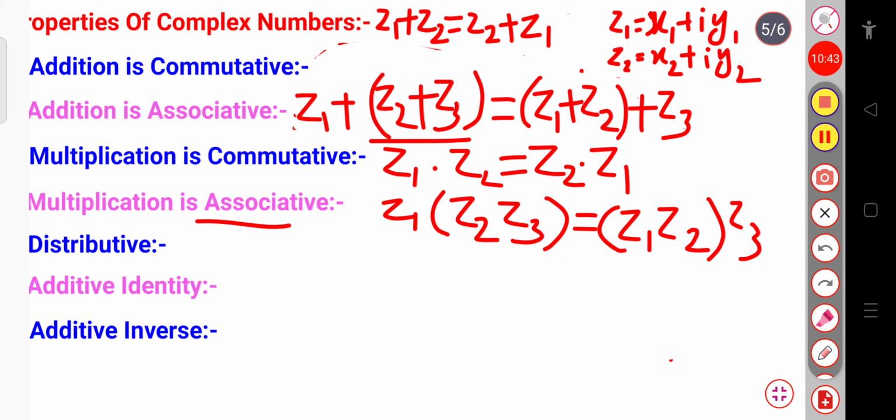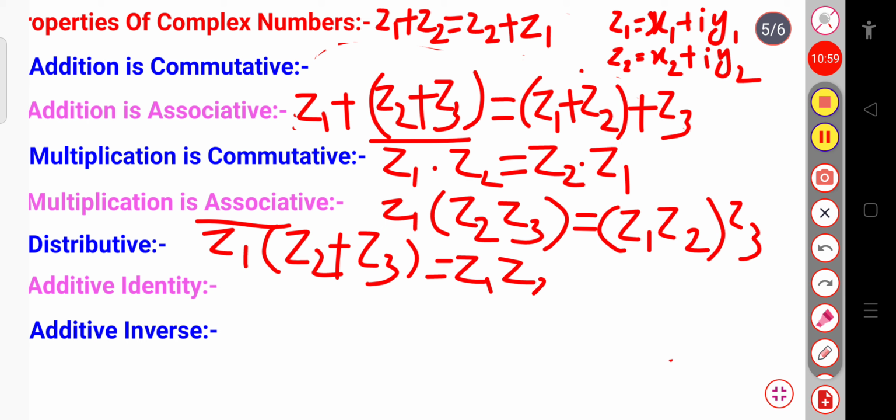So this is the associative property of multiplication, it also satisfies. And similarly, if we check for the distributive law, z1 into z2 plus z3 will be equal to z1 z2 plus z1 into z3. This is the distributive property.